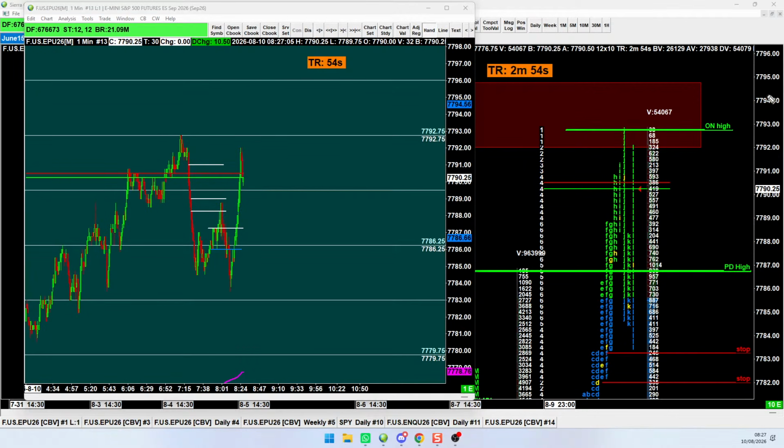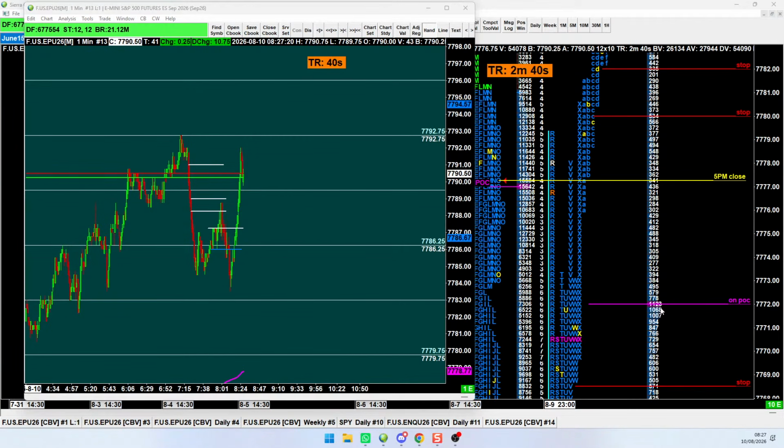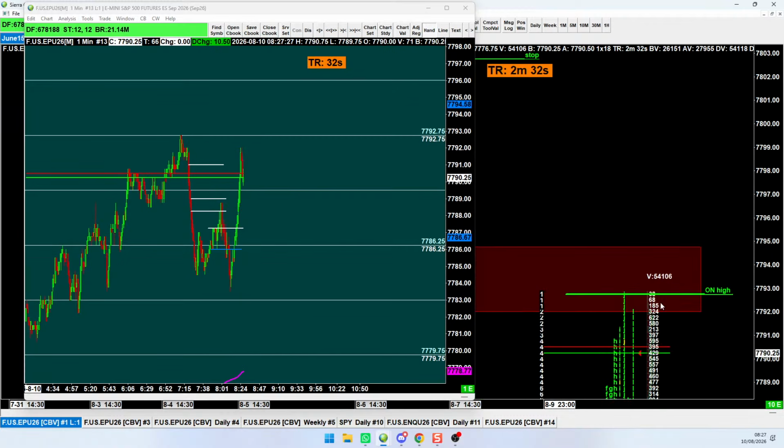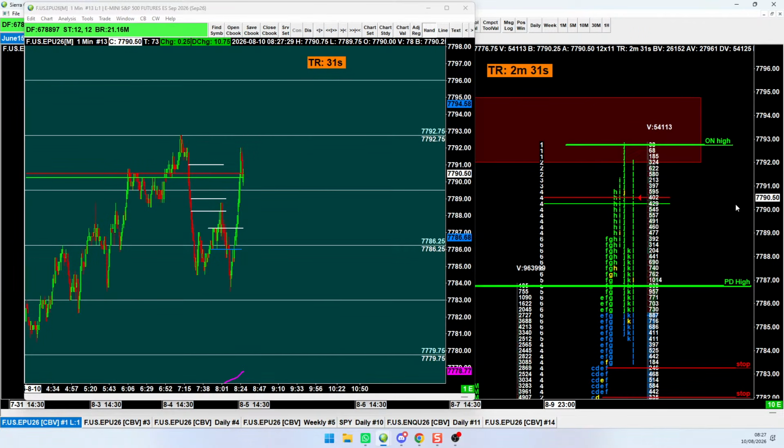I think we're just going to go sideways between 87 and 92 here until we move that point of control up. So if you're looking for a longer term short, wait till we move these 1100 contracts up here and then maybe we'll get a sale. If we don't, then be careful shorting, right?